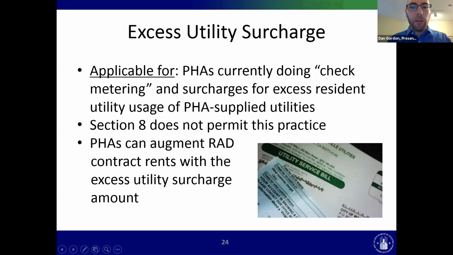Okay. Another example of trying to keep an option that you would have had under public housing that you can't have under Section 8 is what's called excess utility surcharge. So a PHA that's doing check metering and paying surcharges for excess utility usage by the residents. If a PHA has paid that amount, they are able to augment the RAD contract rents by the amount that matches the RAD rents.